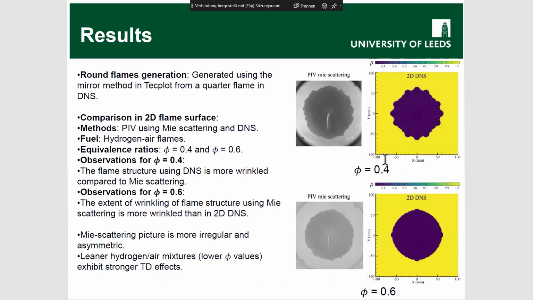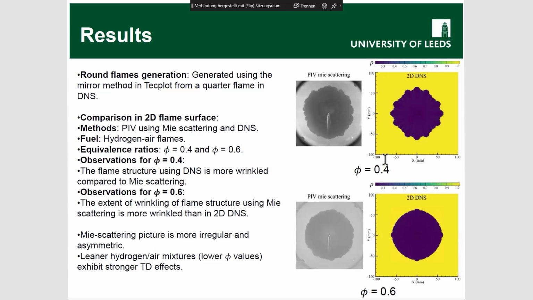We then generate the entire round flame structure using the mirror method in Tecplot from the quarter flame I showed just now in the DNS. You can see the entire round flame here. I also compare the DNS results with PIV Mie scattering pictures.